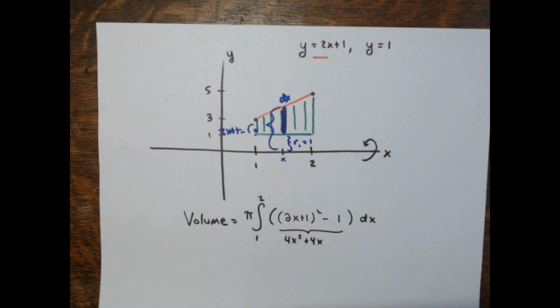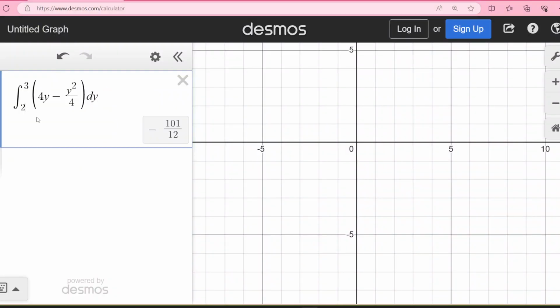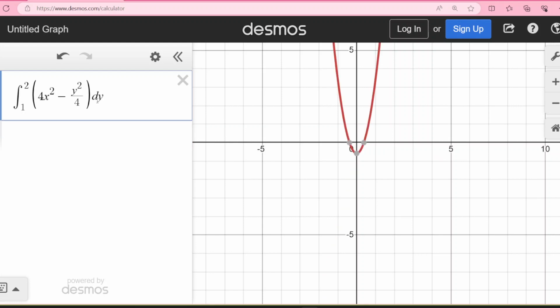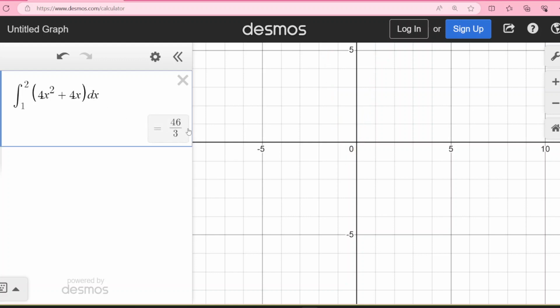Because this is a nice easy polynomial, I'll just go to Desmos real quick to get what this value is. So we have the integral from 1 to 2 of 4x squared plus 4x, dx. 46 thirds, right?